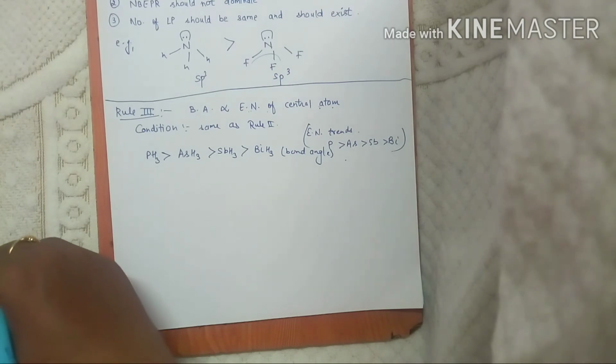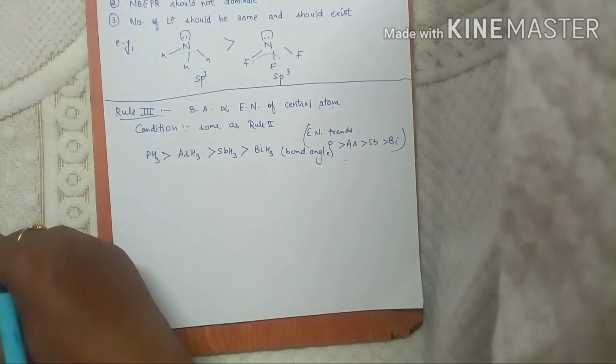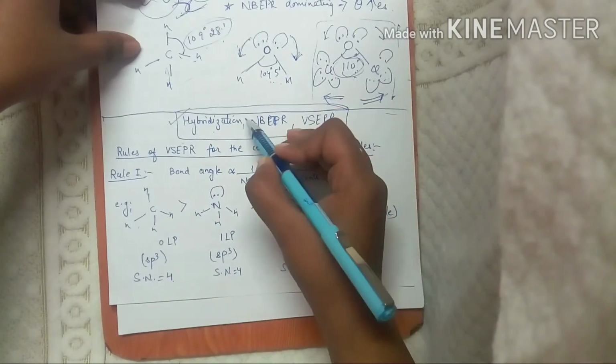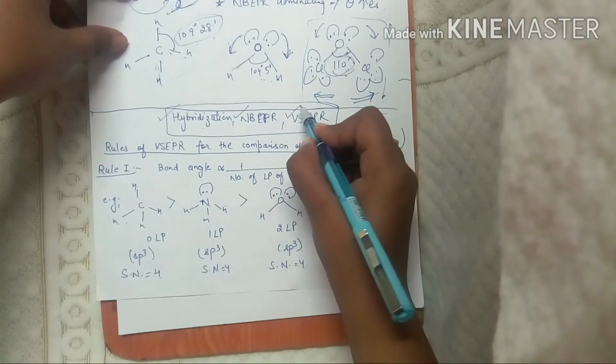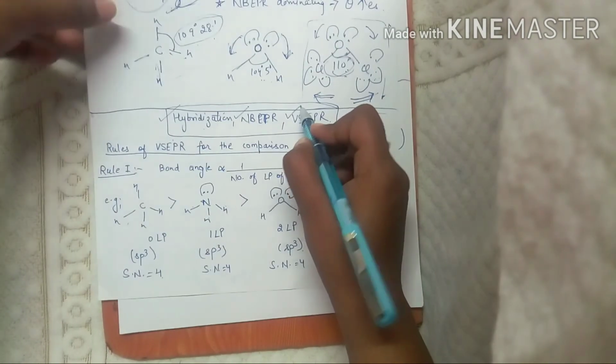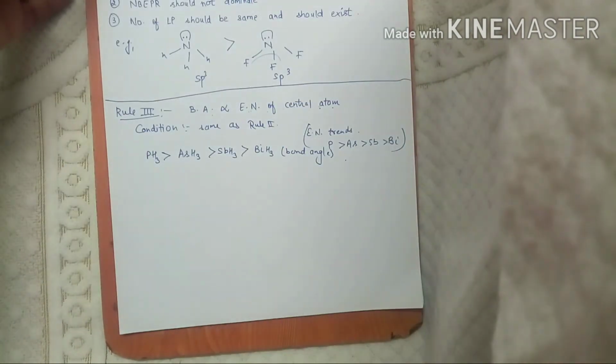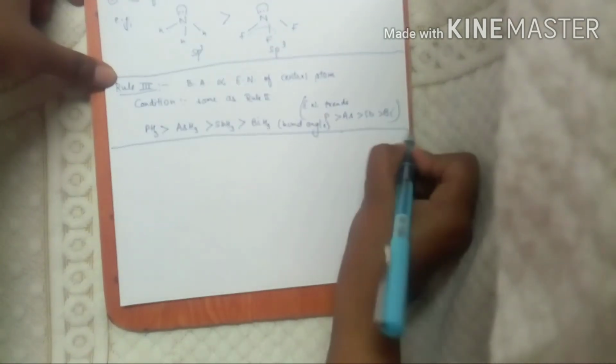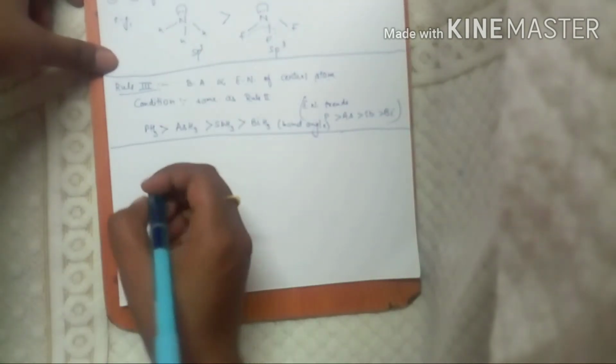Okay, after this, now we have studied hybridization, non-bonding electron pair repulsion and valence shell electron pair repulsions. Now we are going to find out which trend to apply first and then which trend to apply next.